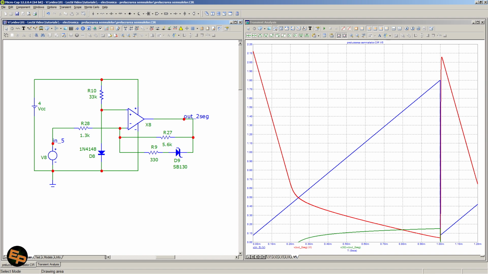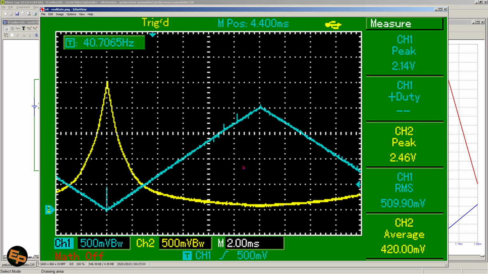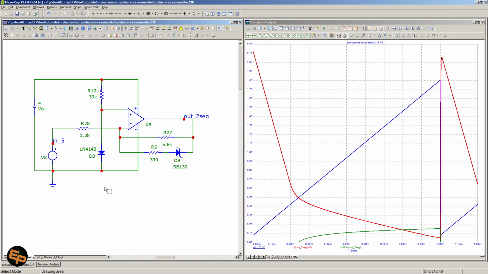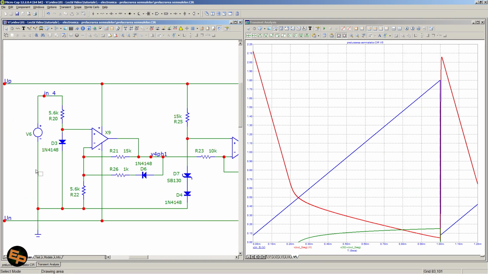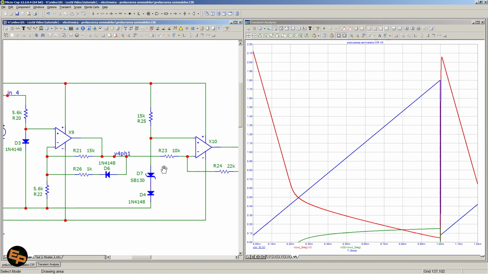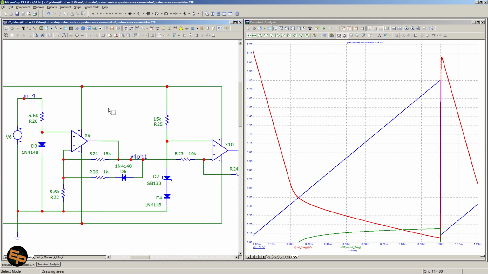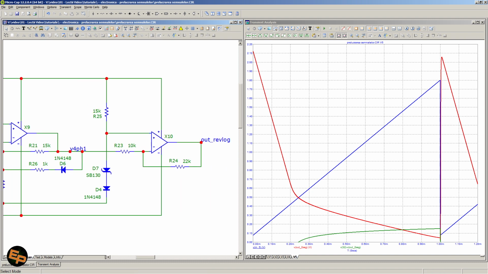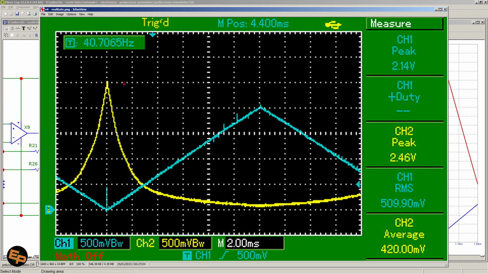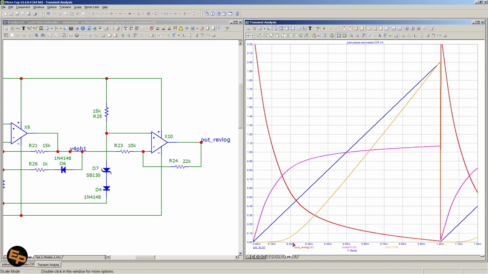Okay, and I forgot to show you, this previous example, which attempts to have a more logarithmic response and an inversion, in reality works like this, which is not very far from what we simulated here. Take a look at the red curve.